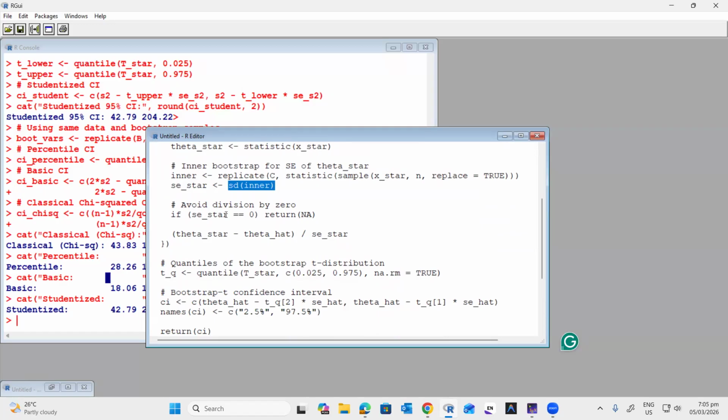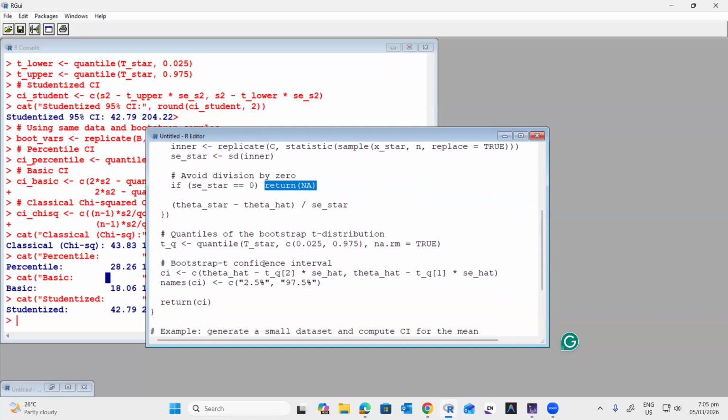So if the standard error of the inner statistic is 0, it should return NA. Otherwise, it should take theta underscore star minus theta hat divided by the standard error underscore star.